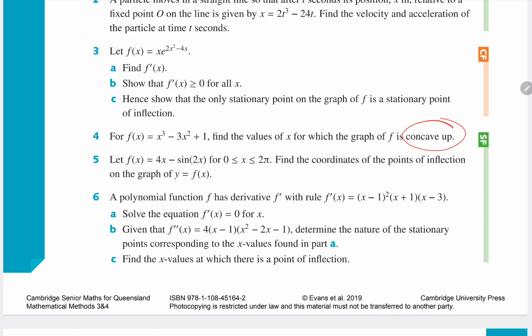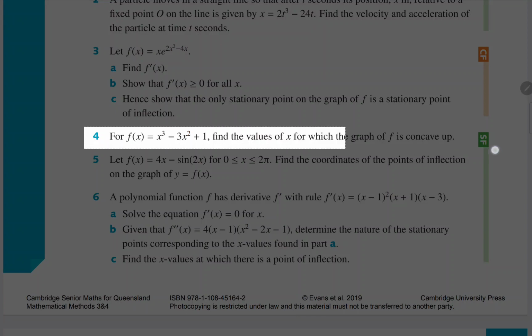Yeah, like that? Based on the first and second derivative. The second derivative is concavity. So the second derivative must be more than 0 for it to be concave up.